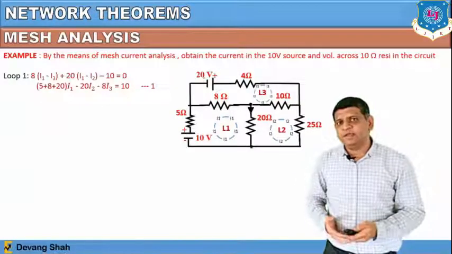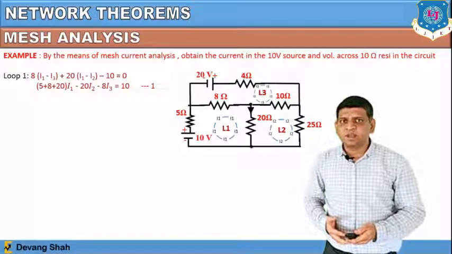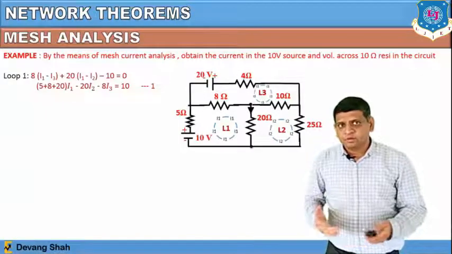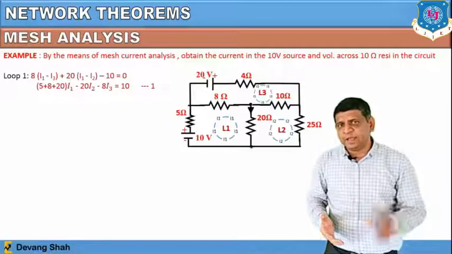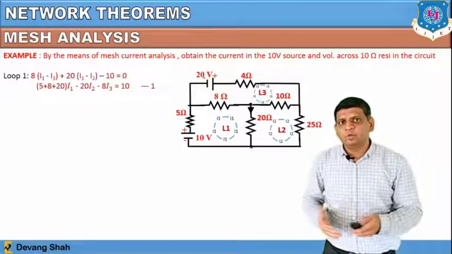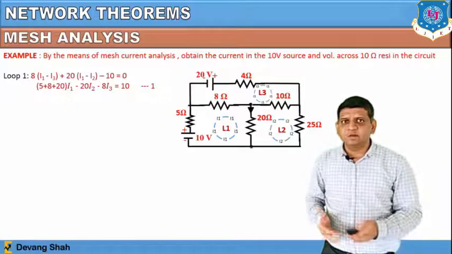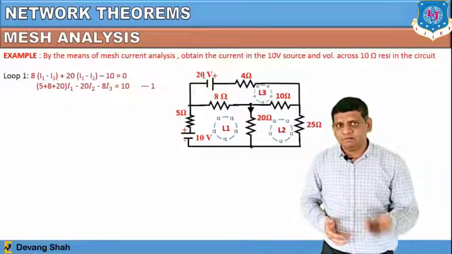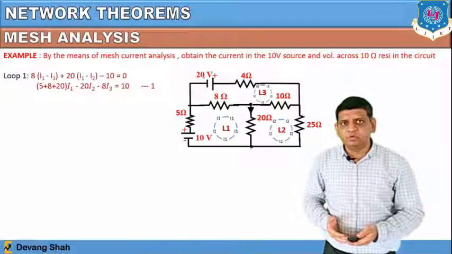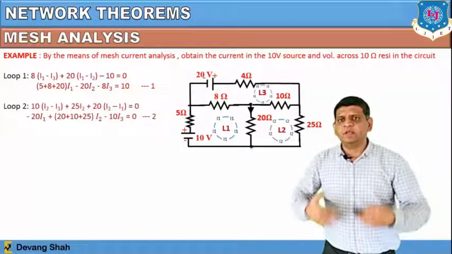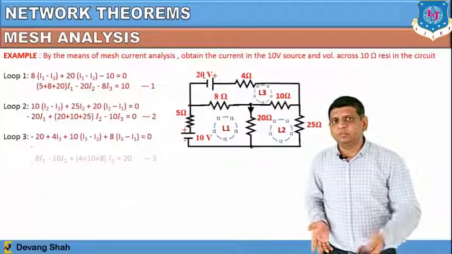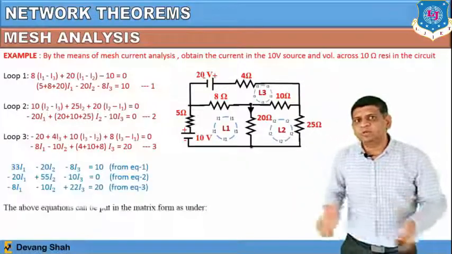So you can see here 8 in bracket I1 minus I3, plus 20, where the I1 current is flowing through 20 and the I2 current is in the opposite direction. So plus 20 in bracket I1 minus I2, minus 10, right? The first sign is a minus, so minus 10 is equal to 0. That's loop number 1. Now the same analysis you can apply for loop number 2 and loop number 3, and you can find the complete equations in that form.